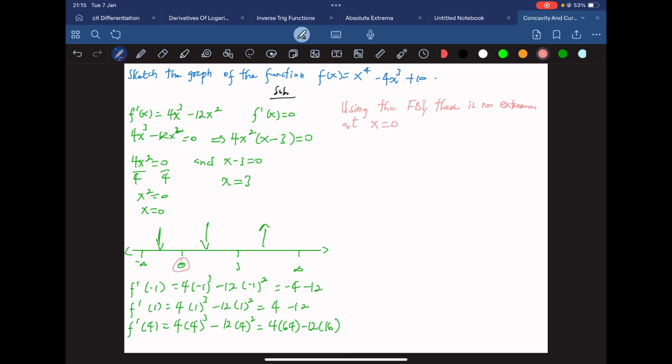So at this point, there is no extremum. Now let's check this. Do you have a local minimum or a local maximum? At x equal to 3, since it goes down before it goes up, we have a local minimum.